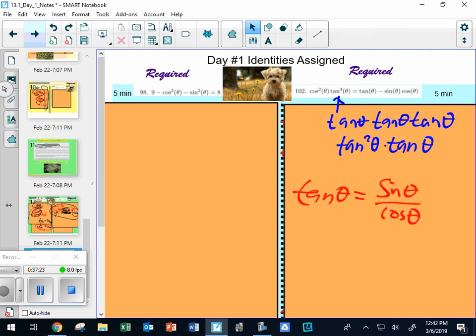Would it still be true if you squared it? Absolutely. Tangent is sine over cosine, so tangent squared is sine squared over cosine squared. You can square all these things and they're still true. Any questions about that? All right.